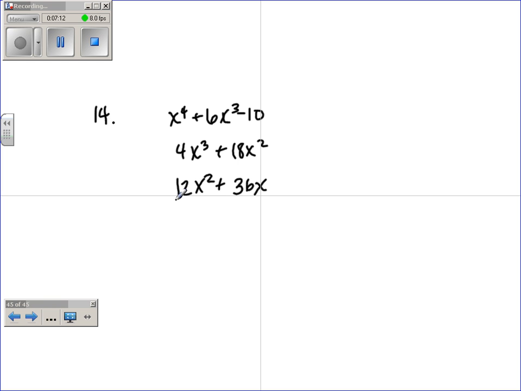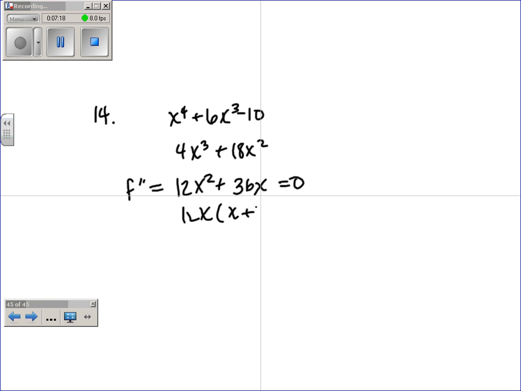Number 14, x to the 4th plus 6x cubed minus 10, 4x cubed plus 18x squared. Take it again, 12x squared plus 36x. It's double prime, so set equal to 0. Common factor is 12x.